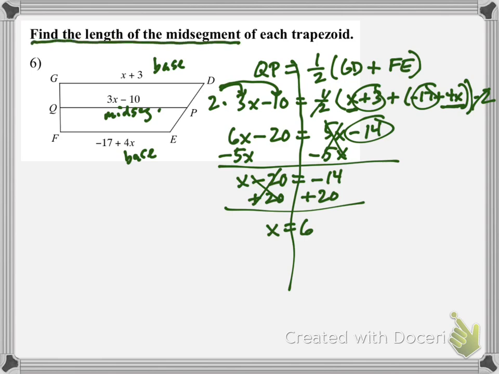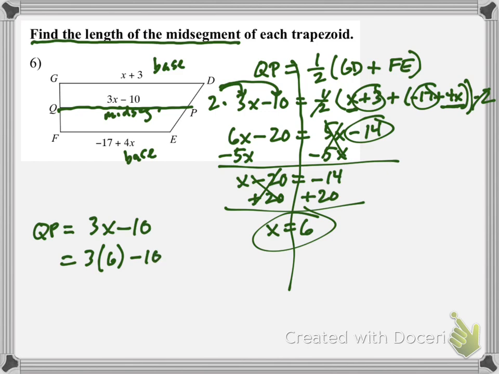So the midsegment is QP. So QP equals 3x minus 10. Well, x is 6, so I plug 6 in for x. 3 times 6 is 18, minus 10. The length of my midsegment is 8. Okay? A lot of algebra going on here. All right?